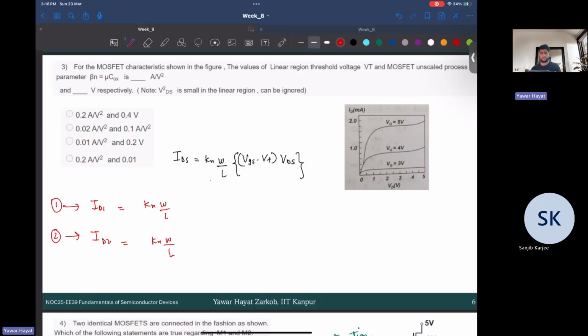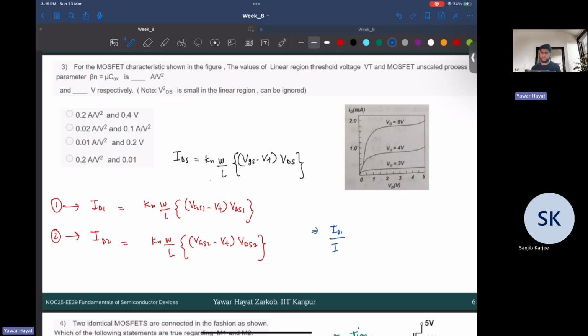Because these are my current values corresponding to the same MOSFET. And my VGS and VDS would be different, right? So it would be VGS1 minus VT times VDS1. Similarly, this would be VGS2 minus VT times VDS2, right?